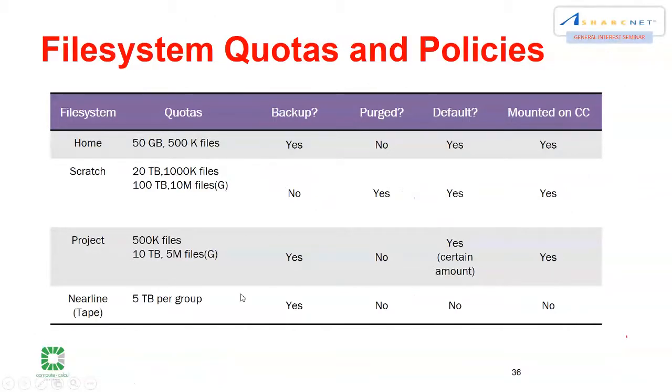One thing I want to mention here is Nearline tape storage. We have 5 terabytes of tape storage. When you need to store your data for a long time, but you know you're not going to access it quite often, it's a really good idea to archive the data onto tape, because it doesn't consume your disk quota.